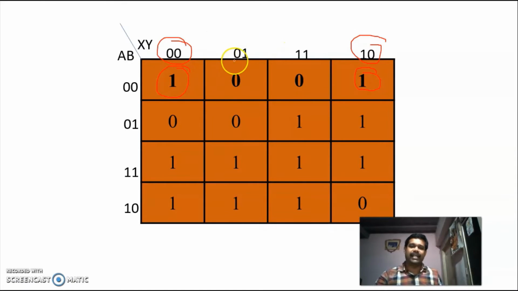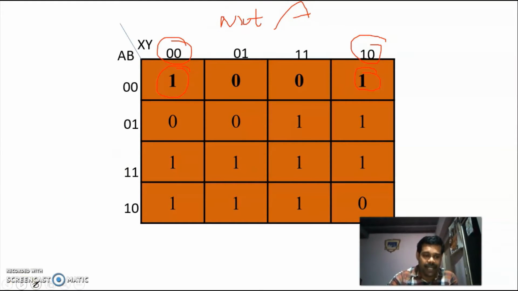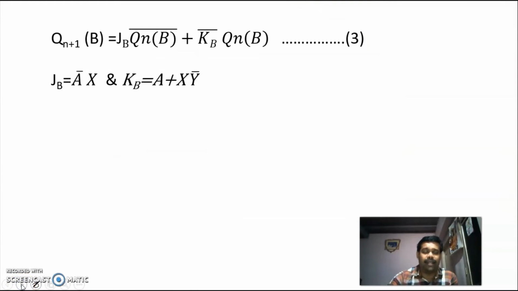Similarly, for each cell, you have to take the values and substitute in the equation 2 and find the next state map of A. Similarly, now we are coming for B, Q of n plus 1 of B. In the next state equation of JK flip flop, instead of J you have substituted JB, instead of Qn you have substituted QnB, and instead of K you put KB.